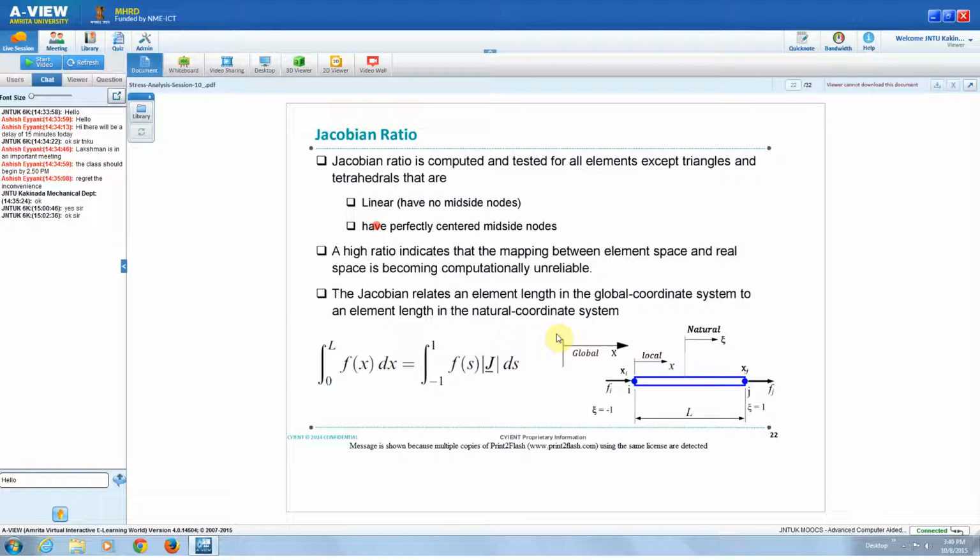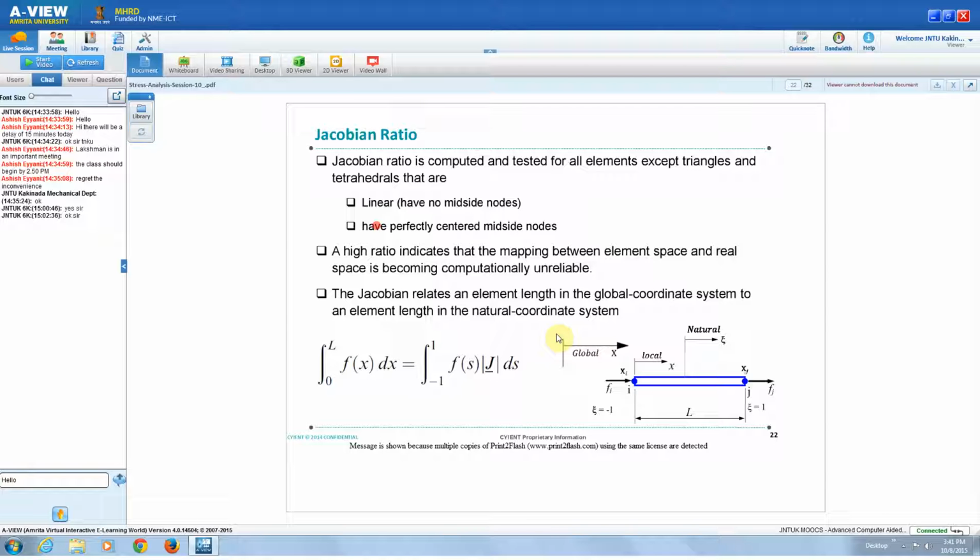Suppose I draw an equilateral triangle, this is a linear element. Jacobian will not be calculated for this element, and if nodes are perfectly placed at the center, it also won't calculate. This is the same, and it holds true for tetrahedral also.